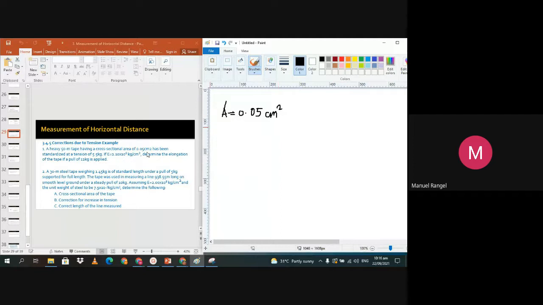So kindly note, wala na ako na change tong problem, which has been standardized at a tension of 5.5 kilogram.